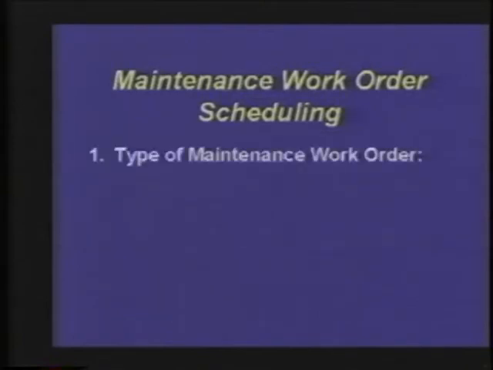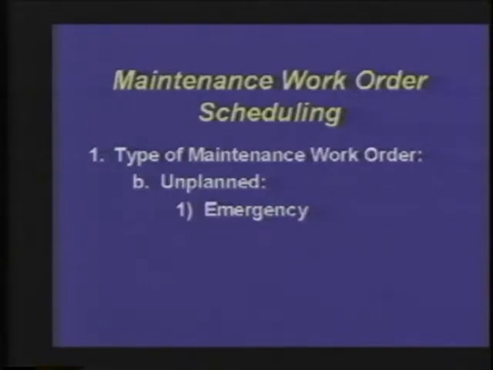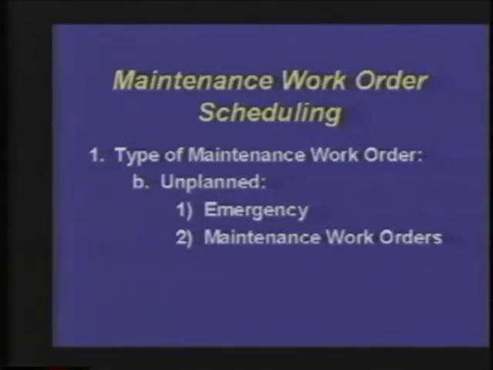The unplanned, in item B, represented by emergency orders. Then we have the maintenance work orders, which are unplanned, and again, they are a byproduct of maintenance work order requests.